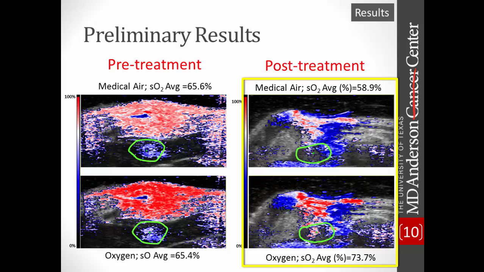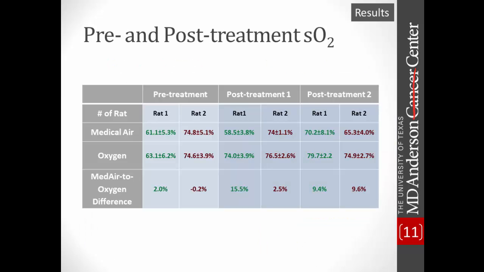In post-treatment, though, we see an increase from medical air to oxygen in the proximal region, and we see a similar increase at the tumor site. And we saw this between both rats at all treatment time points, where we didn't see much of a difference pre-treatment at the tumor site between the 2 conditions, medical air and oxygen, but we saw a much greater difference post-treatment at that site.